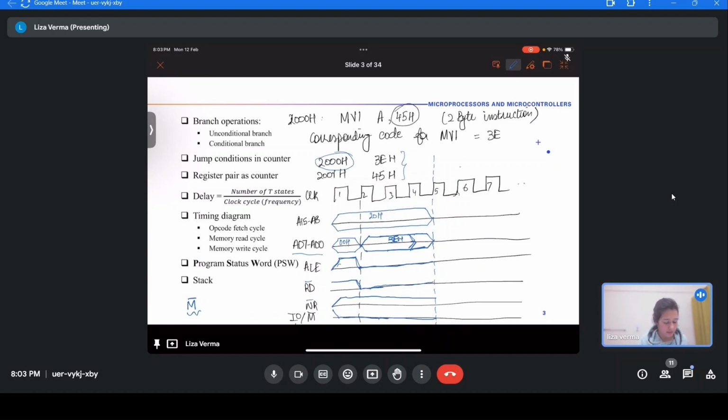Just a minor point. The read bar signal can be low for T2 and T3. That should be sufficient because we are telling the memory to keep the data on the data bus. Since I drew it until here, I just kept it there. But since there is no operation being done on read, it can go high here.